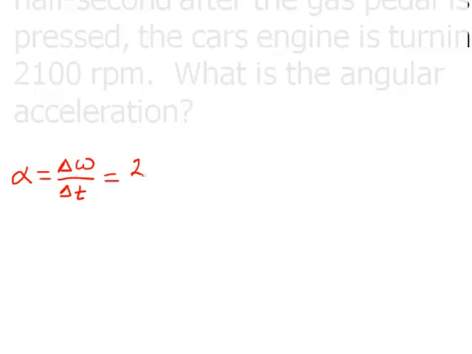So we'll write 2100 minus 1500 and divide that by a half second, which is 0.5, and that calculates out to 1200. And the units for that up here, these were in RPMs, and the unit down here was in seconds, so this would be 1200 RPMs per second.